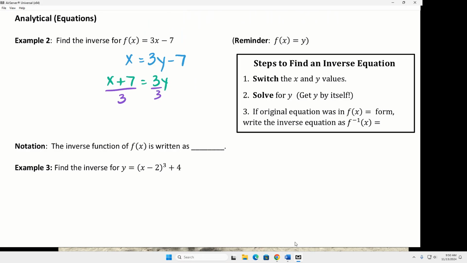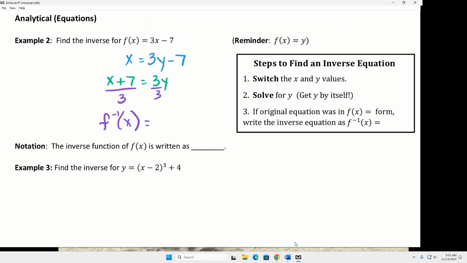Now, I would leave this as one big fraction. So you can, if you want to, divide each of those by 3, but I don't think that's helpful really. And then your last step is, if this original problem was written using function notation, the answer is going to be written using inverse function notation. So that's going to be f to the -1 of x.